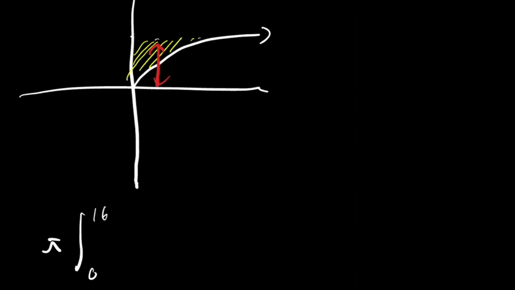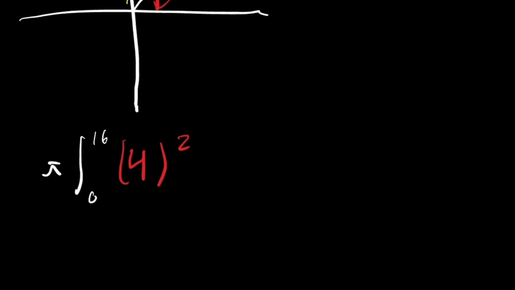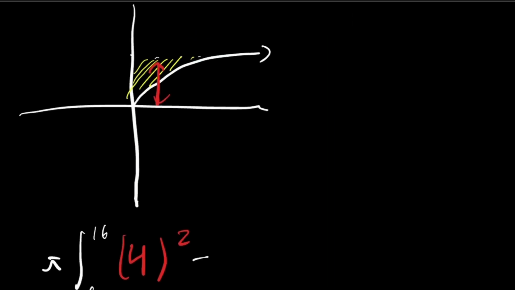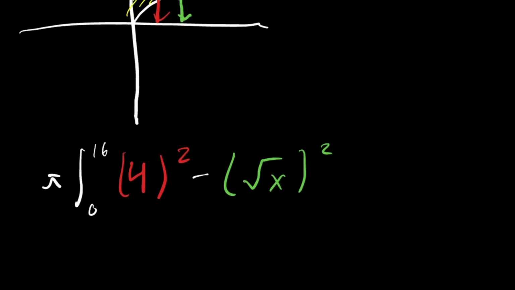So our big R is simply 4 squared minus our little r, which is this distance, which is, well, let's write it in green, root x squared. Actually, this might not be too bad.